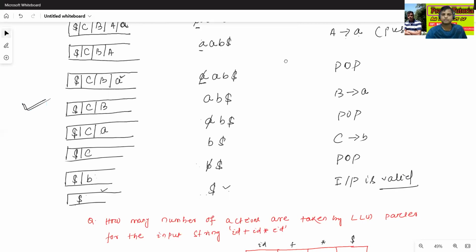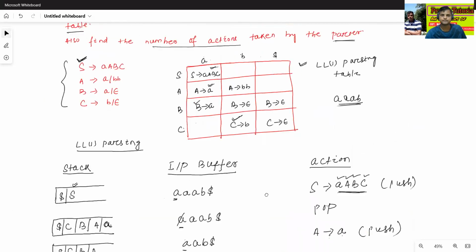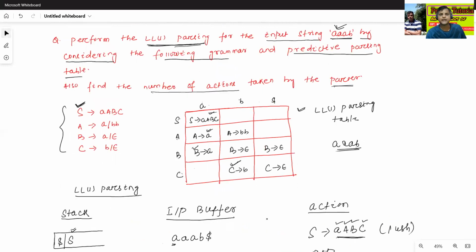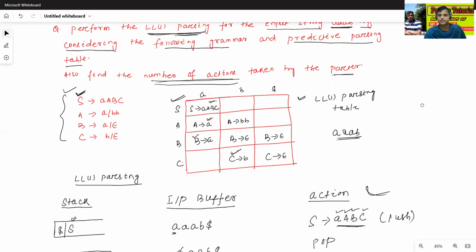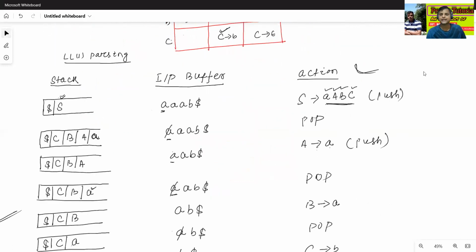Okay, now what is the question actually? See here, perform the LL1 parsing for the input string AAAB by considering the following grammar and predictive parsing table or LL1 parsing table. Also find the number of actions. How many actions means how many push actions, how many pop actions, how many errors, how many valid, or accept action we can say.